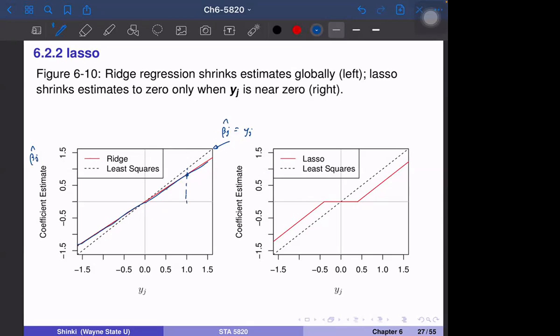If yj is 0.5, beta j hat is 0.4. And how about Lasso? Lasso is parallel to the original OLS, but the coefficient becomes 0 if yj is small. So between maybe negative 0.4 and 0.4, the estimated beta j hat is equal to 0.